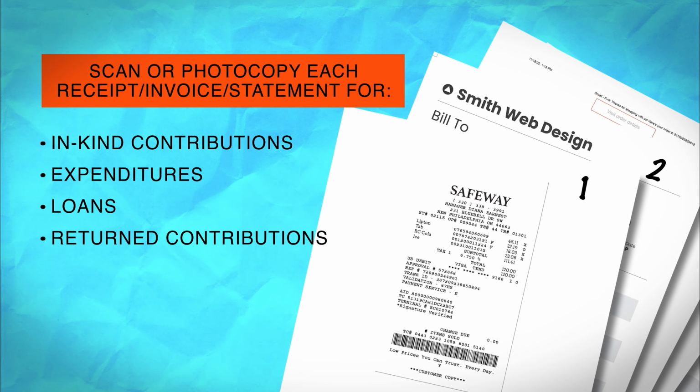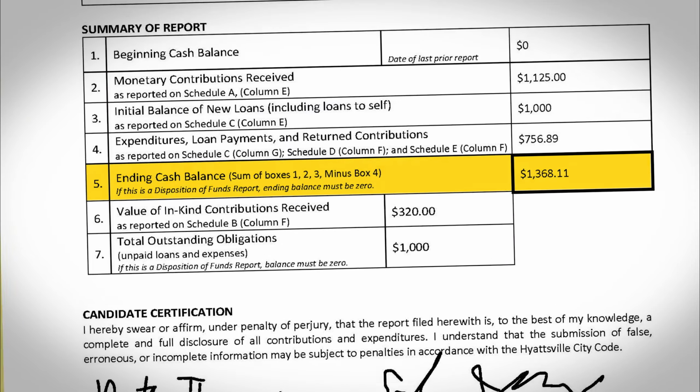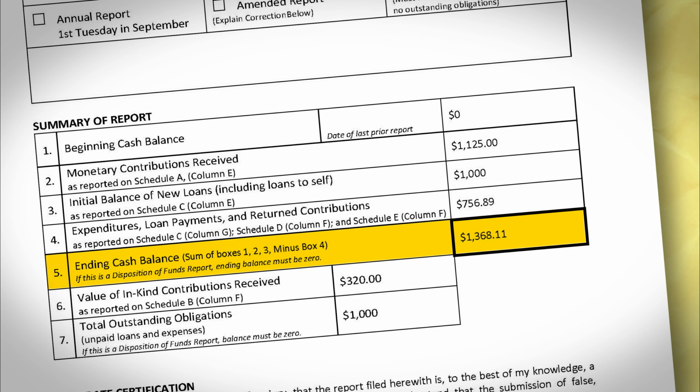Line 4 is the sum of all funds leaving your campaign account: expenditures, loan payments, and returned contributions. In this report, we had $556.89 of expenditures and $200 in returned contributions, which sums to a total of $756.89. Line 5 will indicate the ending cash balance of your account.